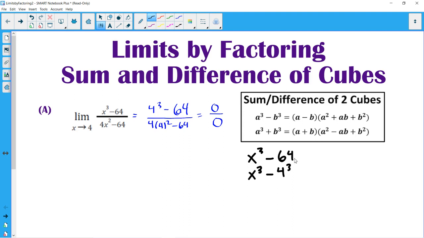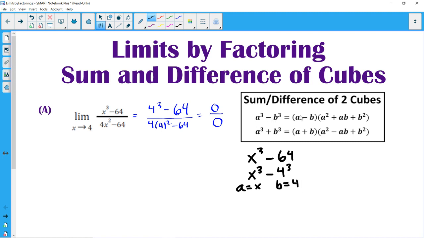Literally, it means you're subtracting 2 cubes. If you look at the rule for it, and again, this is just a rule that you need to actually just know if you're doing this technique. It's a cubed minus b cubed. So in our situation, our x is the a, so a equals x, and our b is the 4. And that's my difference of cubes.